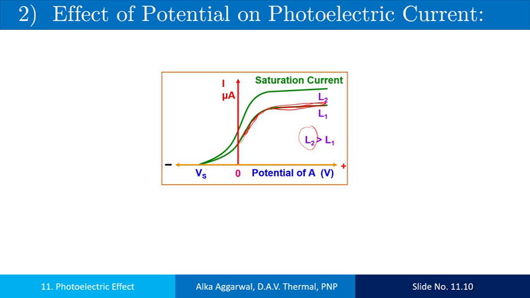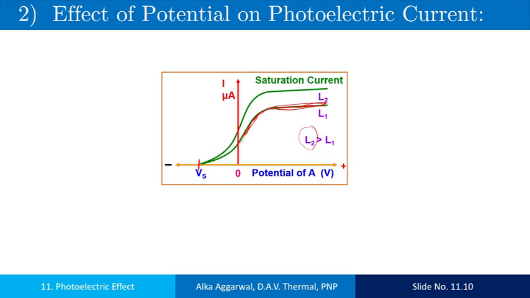But it is observed that when the potential of the anode is negative and the value of the negative potential increases, then the photoelectric current decreases and becomes zero.